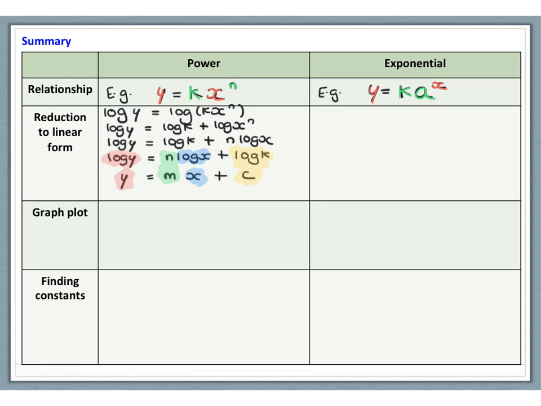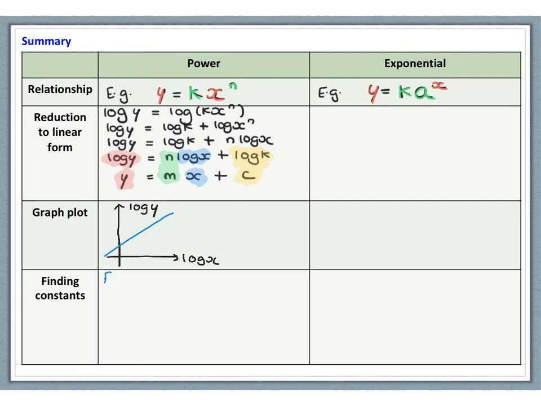So when we plot a graph for our straight line, the graph will need to have on the y-axis log y and on the x-axis log x, and then we can observe the resulting straight line.